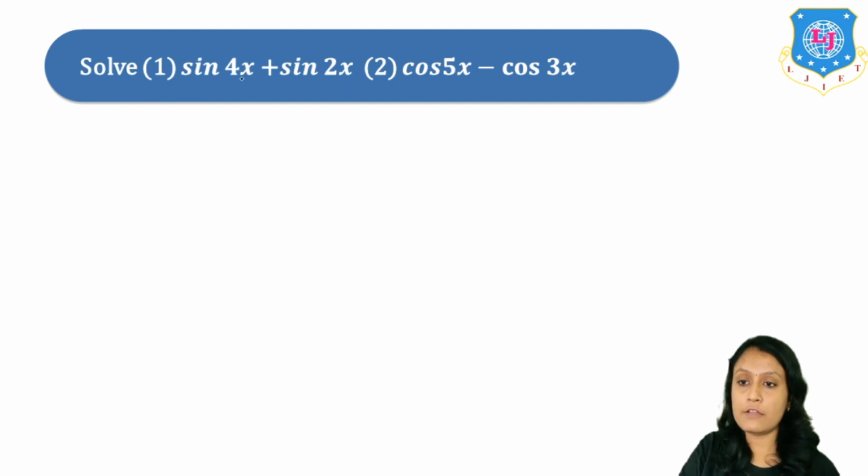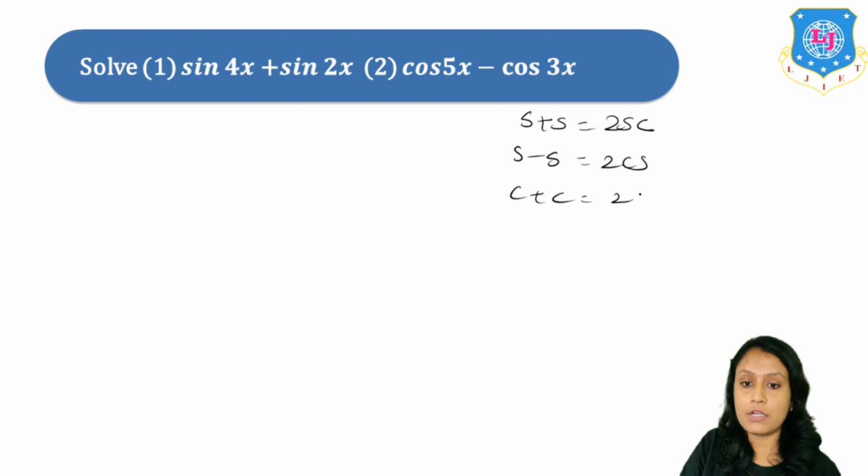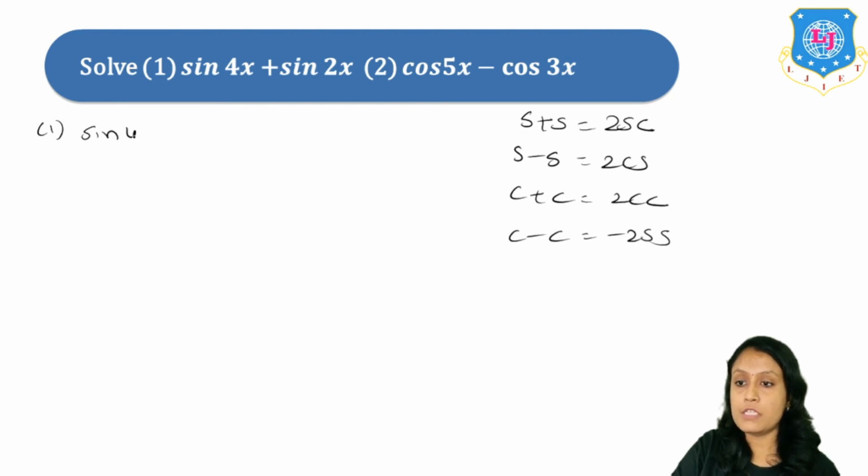Now here we have to solve sine 4x plus sine 2x. So we know these formulas: s plus s is 2sc, s minus s is 2cs, c plus c is 2cc, and c minus c is minus 2ss. So we will use these formulas to solve this example. First we have sine 4x plus sine 2x, meaning s plus s is given, so we will use this formula.